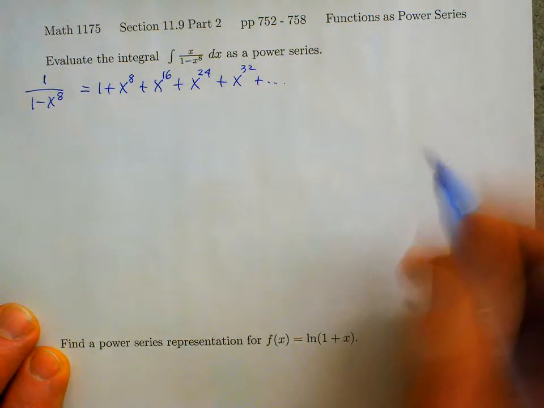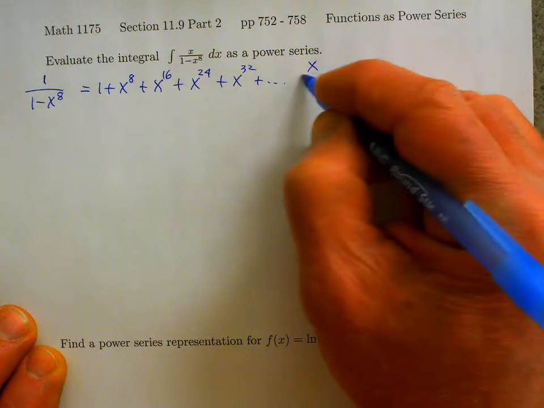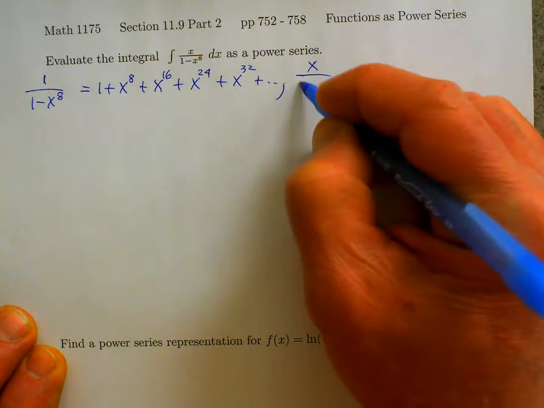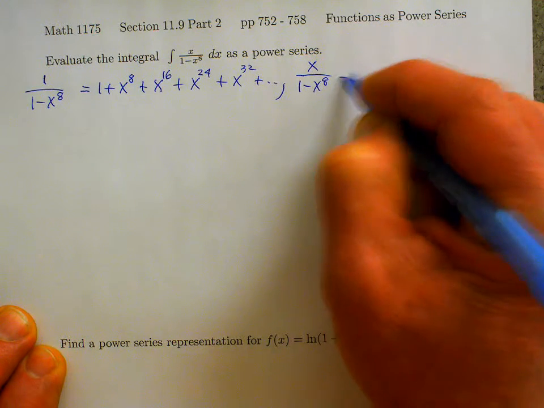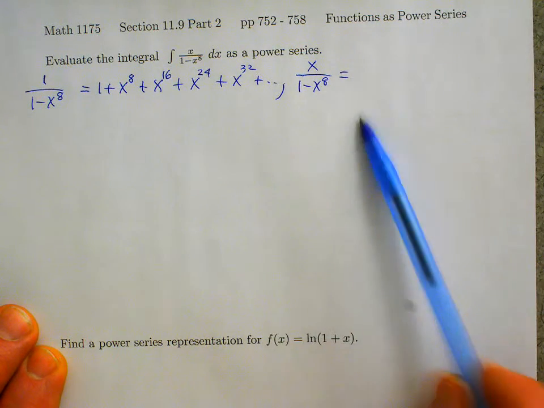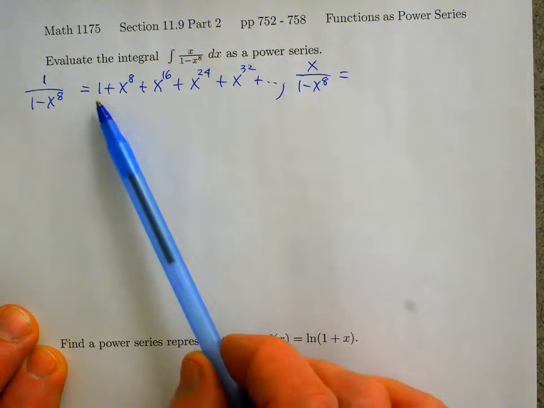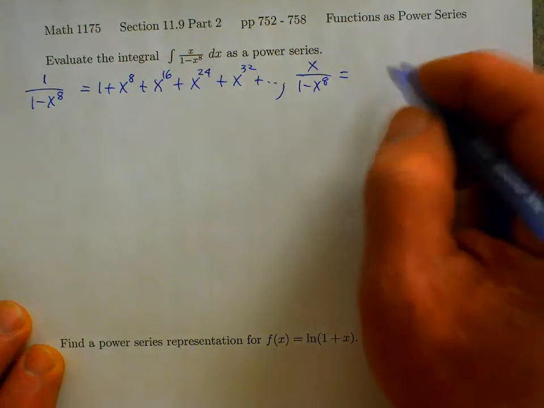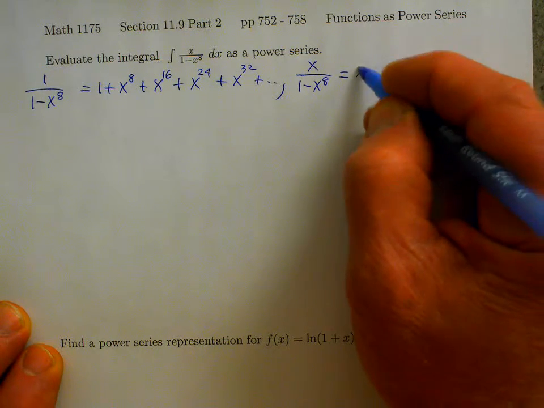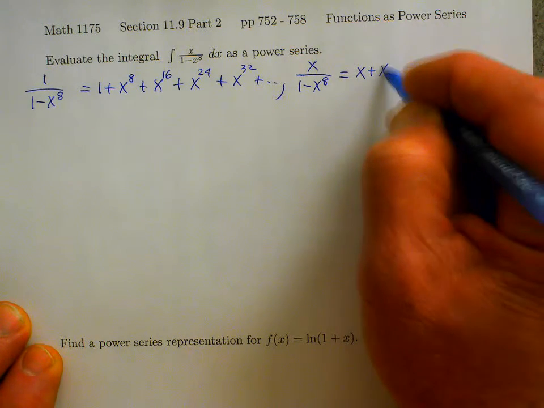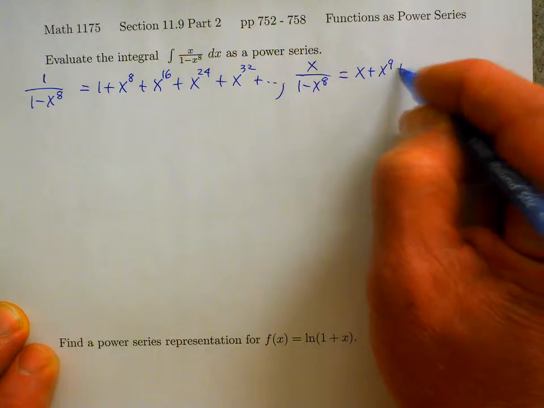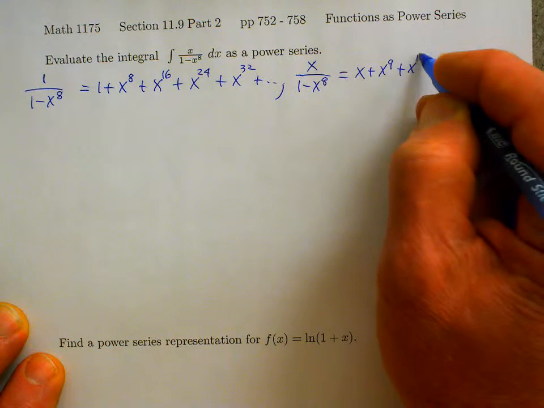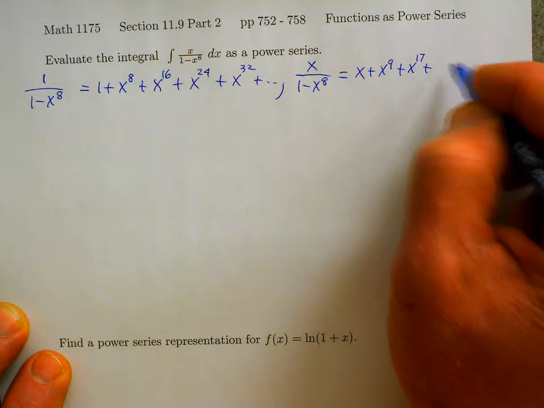And then x over 1 minus x to the 8th can be found just by multiplying each of these terms by x. So we get x plus x to the 9th plus x to the 17th, and so on.